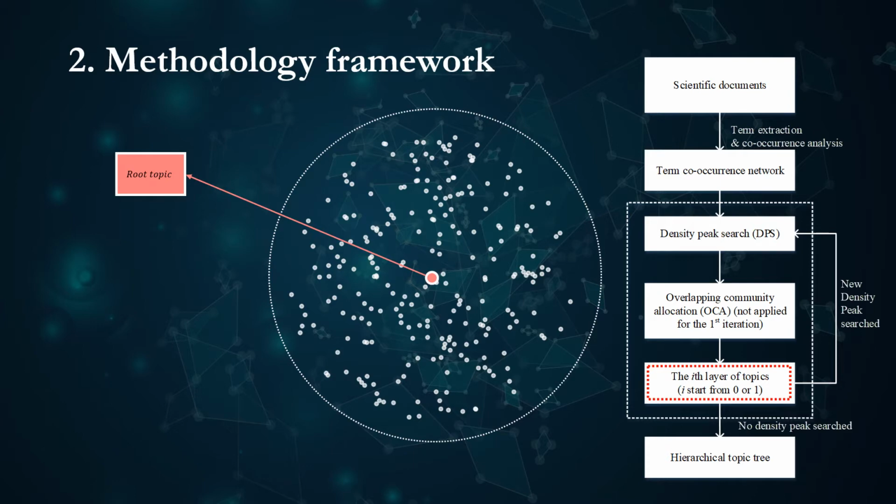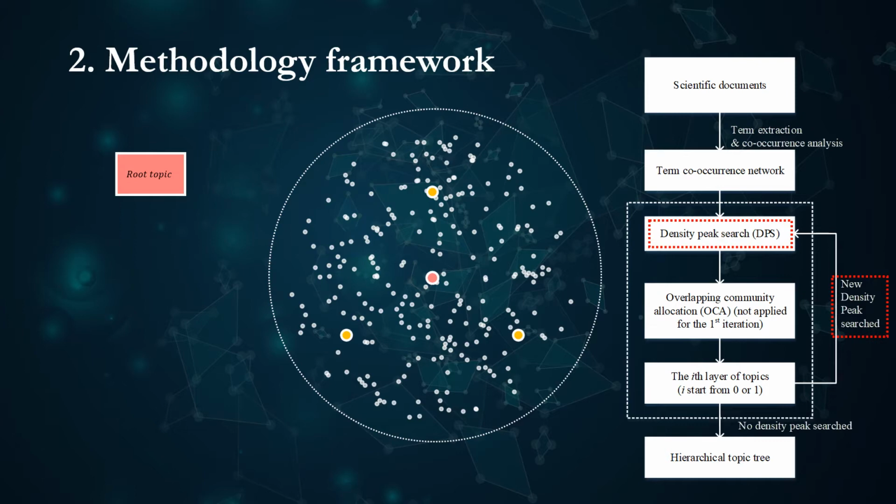Due to the design of the density peak search algorithm, in the iterations after the first one, the density peak search will rely on the previously searched results. That means the second round of density peak search will rely on the previously found density peak. Under such circumstances, we found three more density peaks.